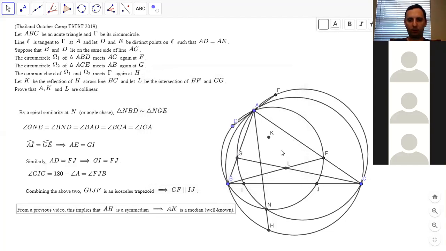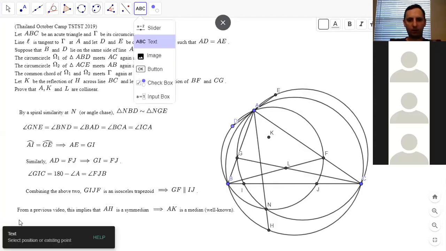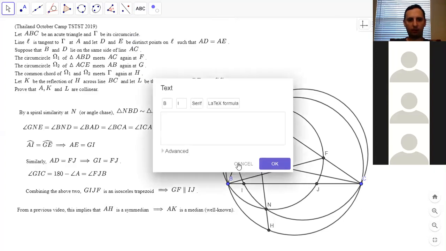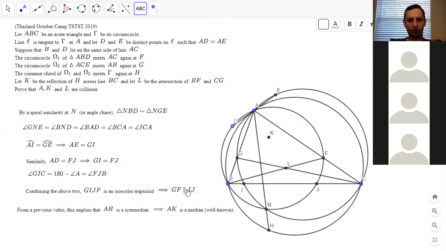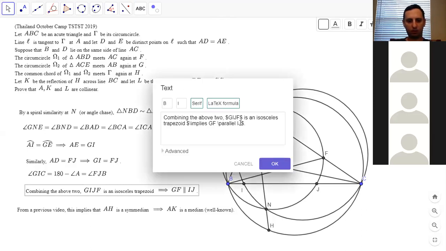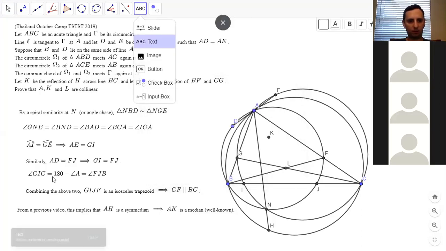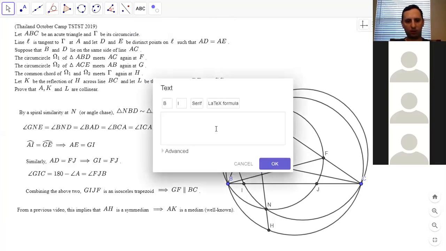Then since GF is parallel to BC, I'll just say by Ceva's theorem on point L, GF parallel to BC means that AL is a median.